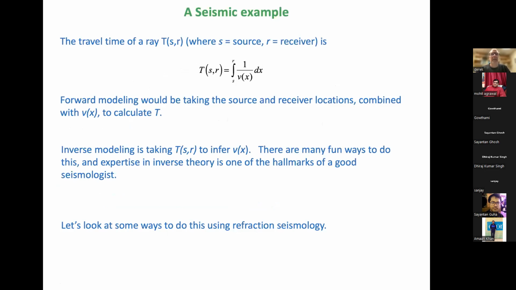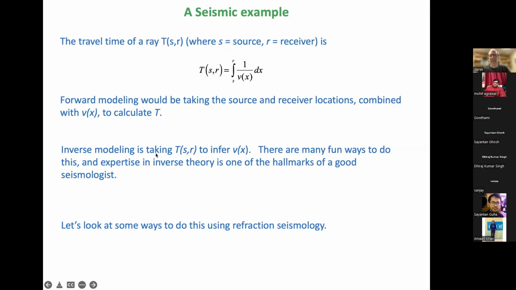As a seismic example, we can say the travel time of a ray that goes from a source to a receiver is the integral from the source to the receiver of 1 over the velocity structure it travels through, times dx. Forward modeling would be taking the source and receiver locations combined with v of x to calculate the travel time.